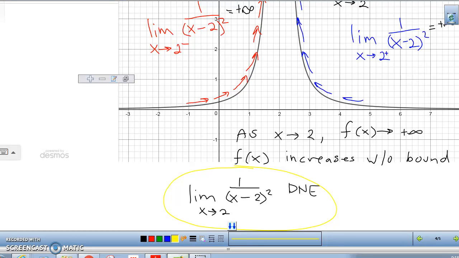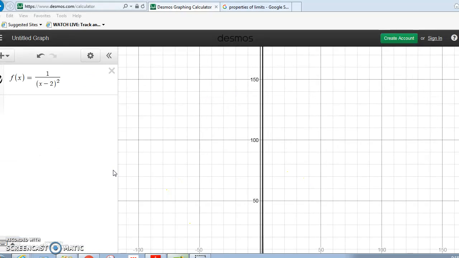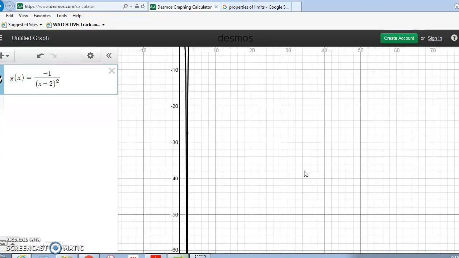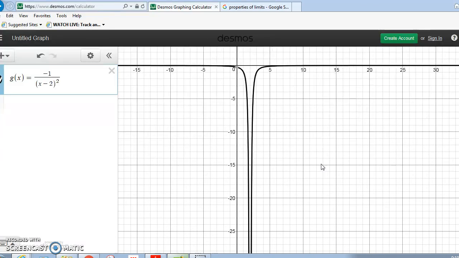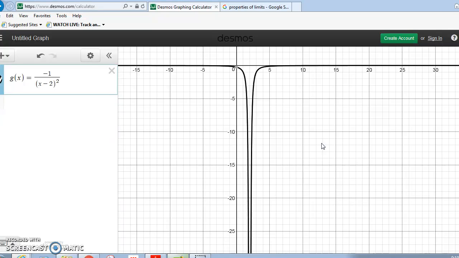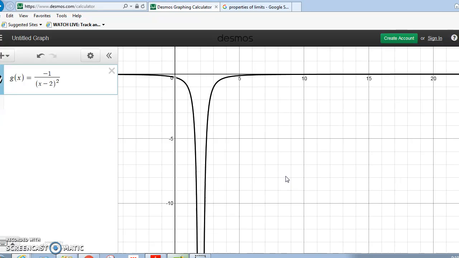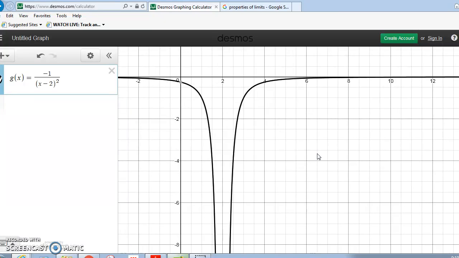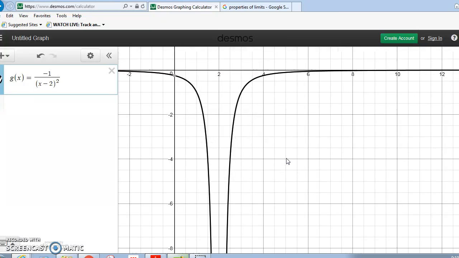So what would happen if we look at this function? Let's call this one g of x now. It's a different function. g of x equals negative 1 over x minus 2 squared. It's kind of like a mirror image. Now it's going down.